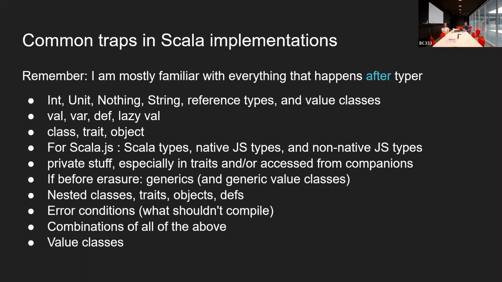And of course, you can make combinations of all of the above. And then did I mention value classes? Value classes, you do anything that's in the backend of the compiler, you must have a test for value classes because I guarantee you they will break your code.